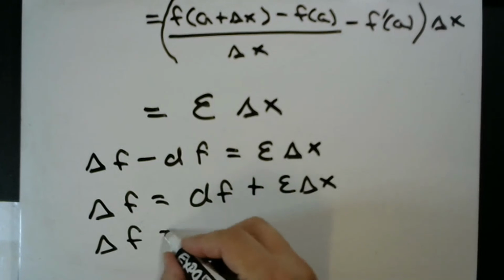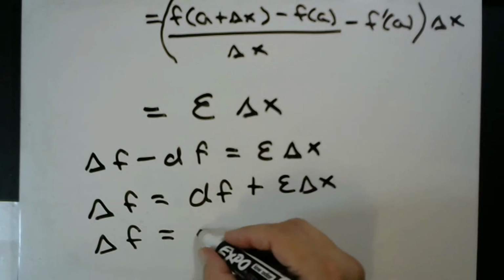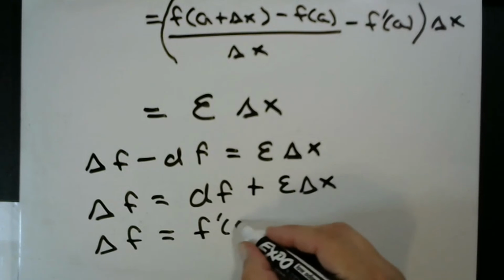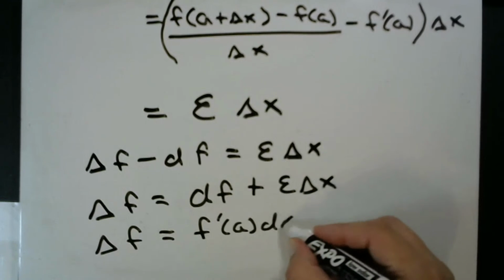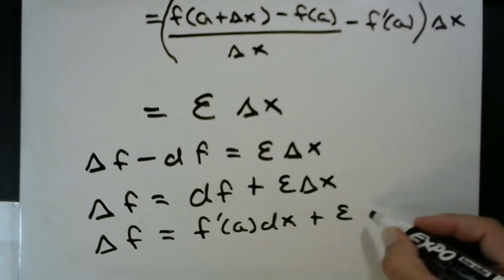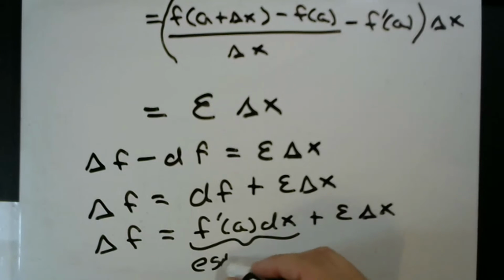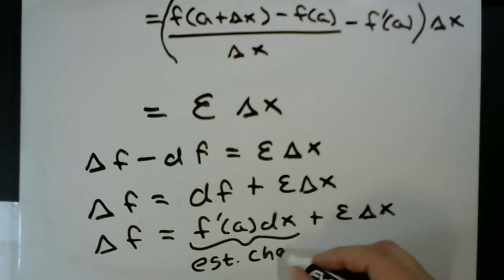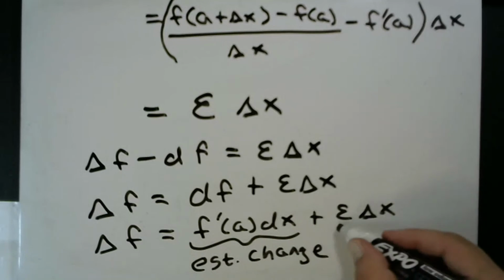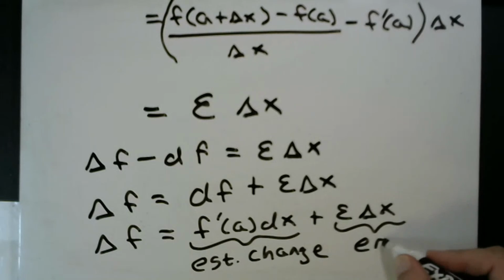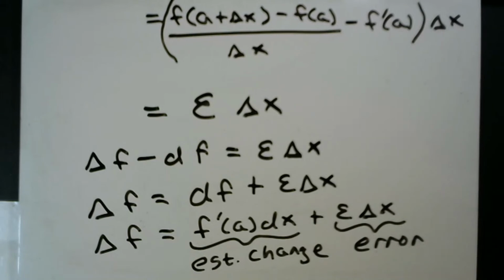And we're going to keep expanding this. This will be f prime of a dx, delta x. And again, this is all near x equals a. So that's our df here. And of course, this is the estimation of the change. The differential is the estimate. And because it's an estimate, it's going to be a little bit off. And it's off by that error term.